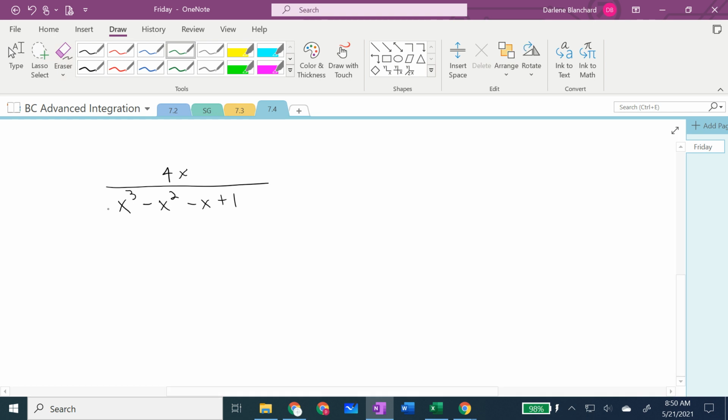When you're trying to factor a degree 3 polynomial, there are a couple of options in moving forward. You can try to find a number that you can plug in to make it equal to 0. I always try first a positive 1 and a negative 1.